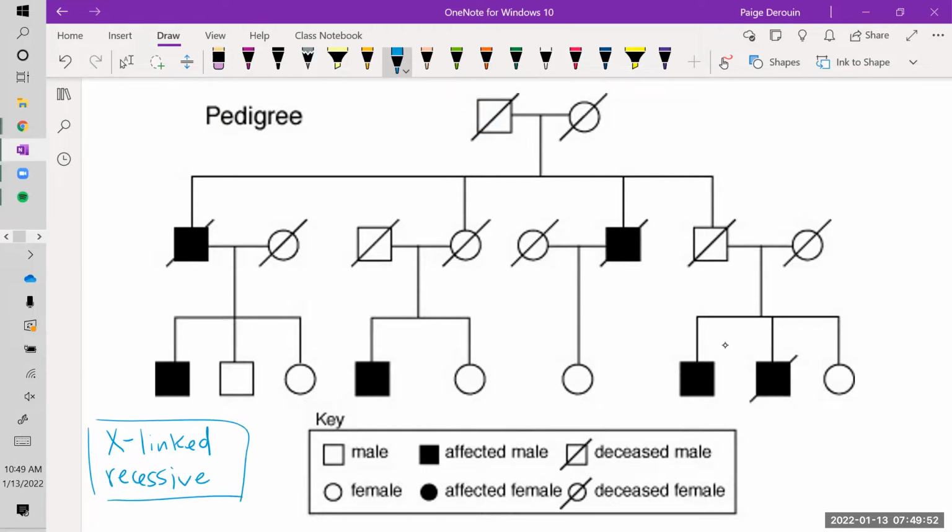So now let's find a couple of these people's genotypes, because that's what solving a pedigree is: you find their genotypes. When you do this for sex-linked traits, it's a lot easier if you start with the males because they only have one X. So all the males, I'm going to fill in with XY because that's what they have.